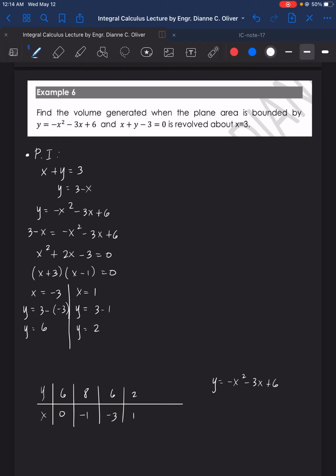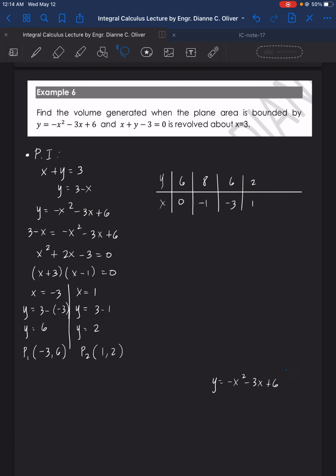Therefore, the points of intersection are P1 (negative 3, 6) and P2 (1, 2). So these are the points of intersection. Then, we can solve for additional points. So here are the additional points. So we're done with the curve.